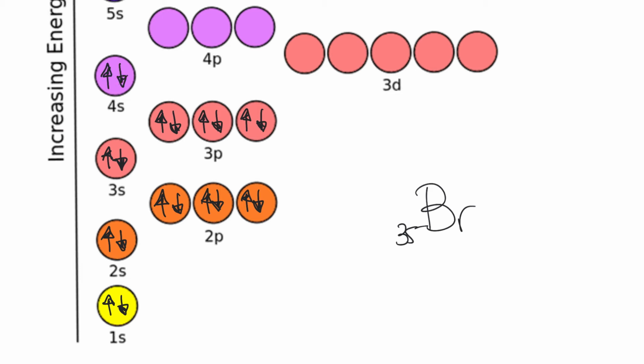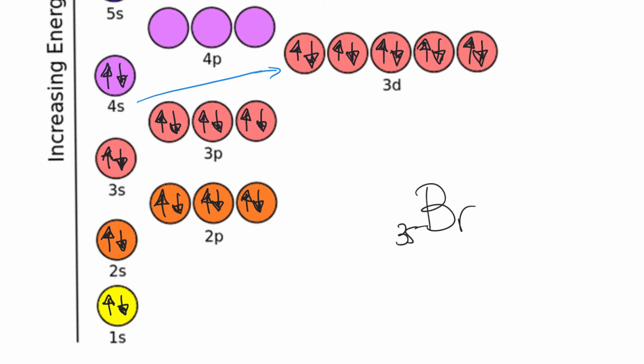19, 20. Remember, from 4s we're jumping to the 3d because that's your next set of orbitals in energy. 21, 22, 23, 24, 25, 26, 27, 28, 29, 30.